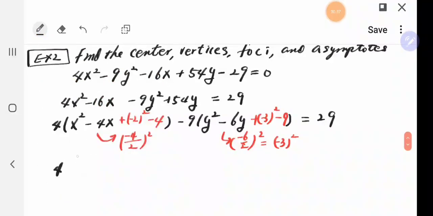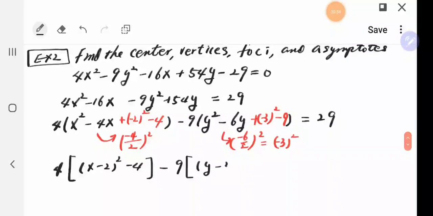Then we have 4 times, using the large bracket, the first 3 terms make a perfect square, x minus 2 squared minus 4. For the second part, negative 9 bracket, y minus 3 squared minus 9, is equal to 29.